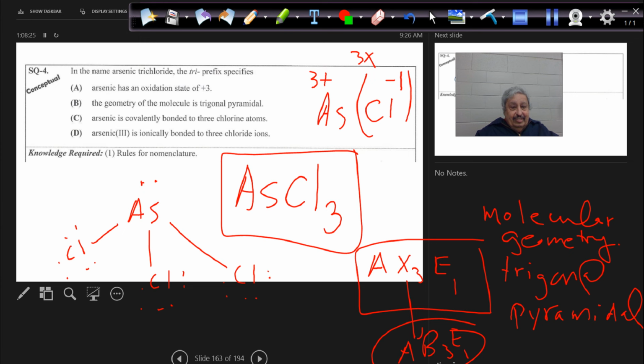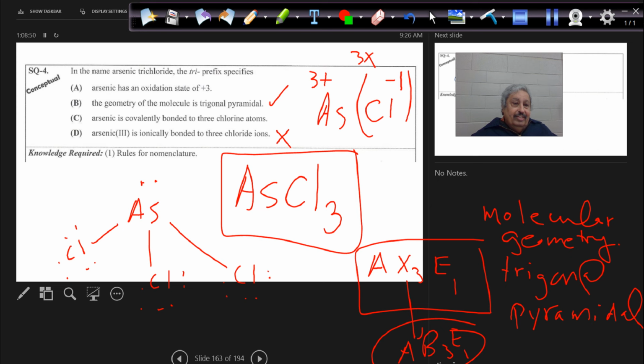What is the tri? I mean, the shape is correct, but this has nothing to do with the 3. That's not an ionic compound. This is covalent. Arsenic has an oxidation number of 3.